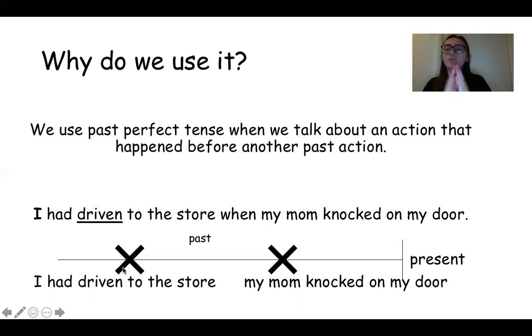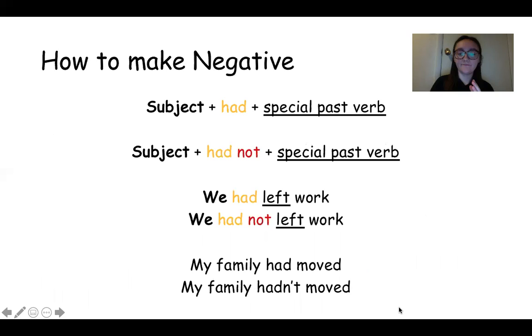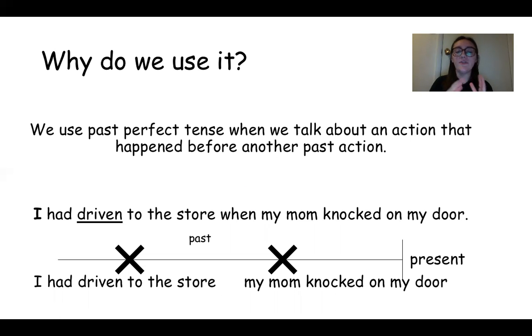But you know that in the past, some things happened before other things. And so this is what we use to talk about them. So I had driven to the store. That happened in the past before my mom knocked on the door.